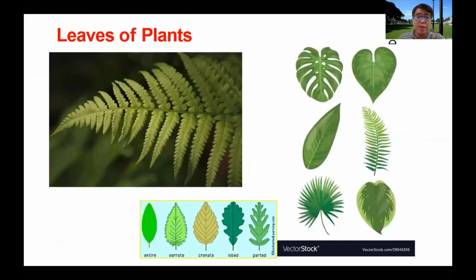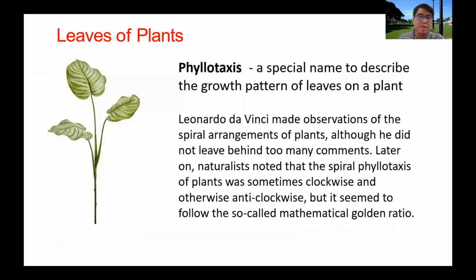The leaves of plants come in many shapes. Phyllotaxis is a special name to describe the growth pattern of leaves on a plant. Leonardo da Vinci made observations of the spiral arrangements of plants. Although he did not leave behind too many comments, later on naturalists noted that spiral phyllotaxis of plants were sometimes clockwise and otherwise anti-clockwise, but it seemed to follow the so-called mathematical golden ratio.